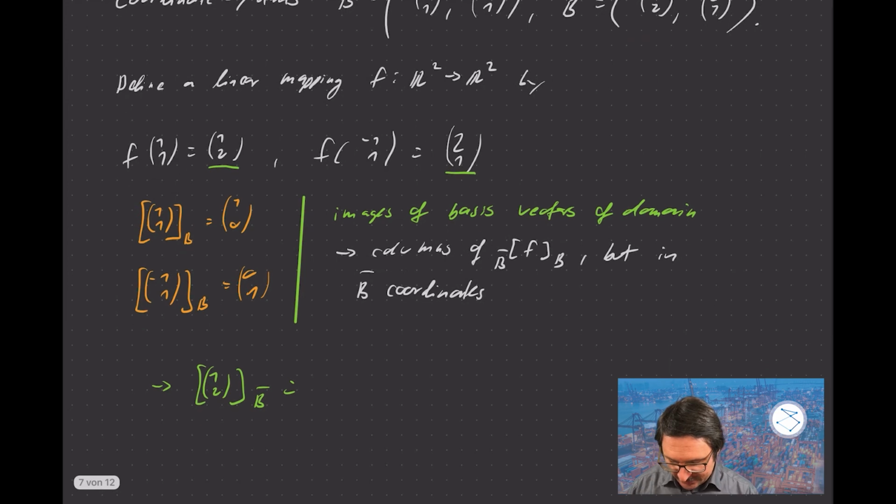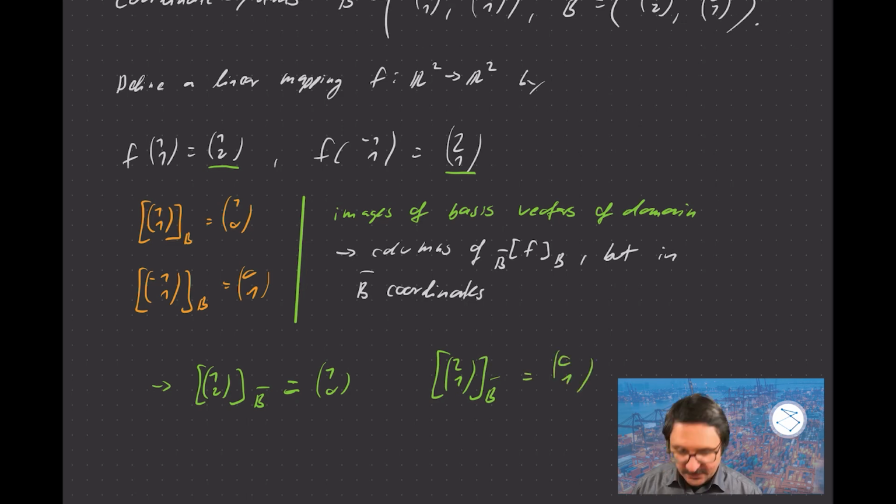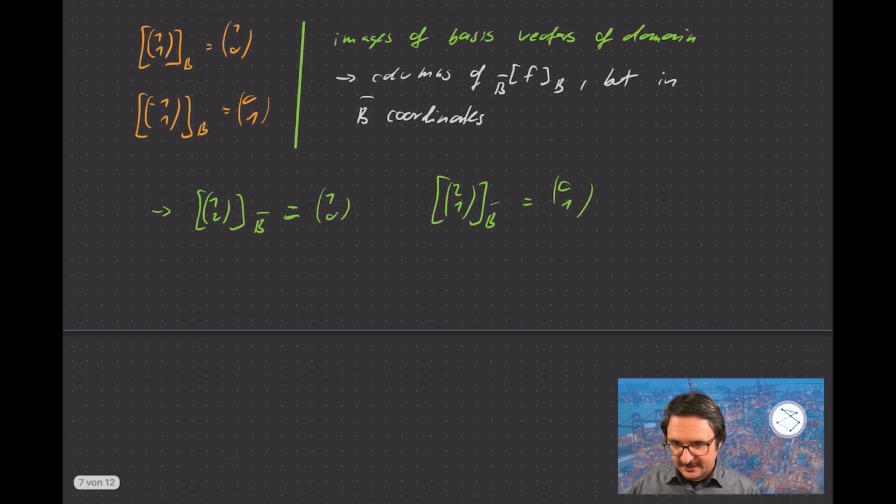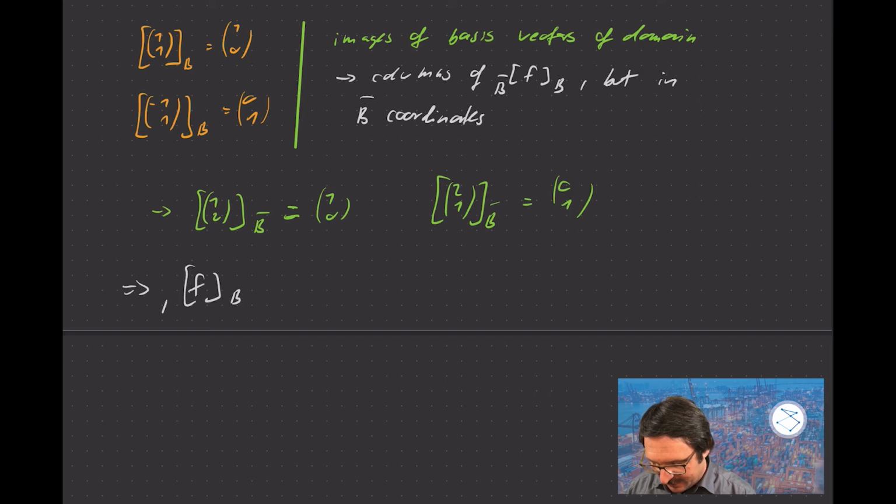It's the first one, so the coordinates of that vector are precisely 1, 0. And same thing for the second. So the vector 2, 1 has B bar coordinates 0, 1. So those are the vectors that go into the representation matrix then. That means F, B, B bar is 1, 0, 0, 1. Right? So this is how we construct this matrix.